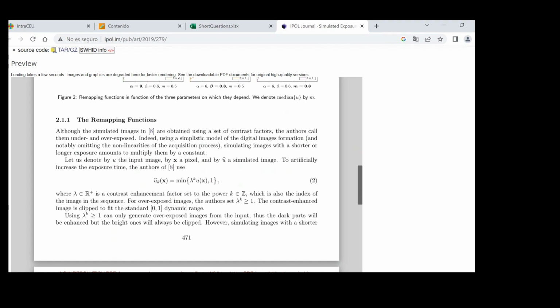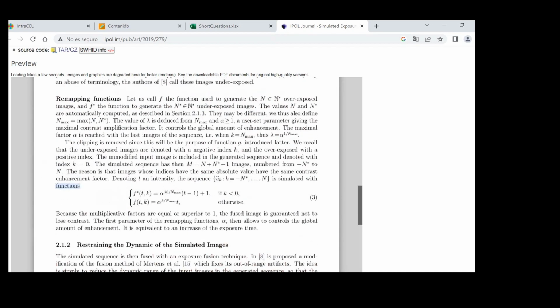Is that a linear or a non-linear system? This part is linear: you take an image and multiply by something. But this part is not linear, because the minimum is a non-linear operation.